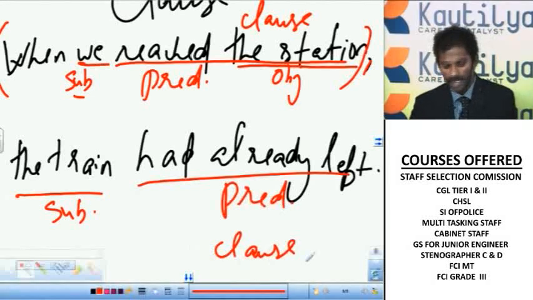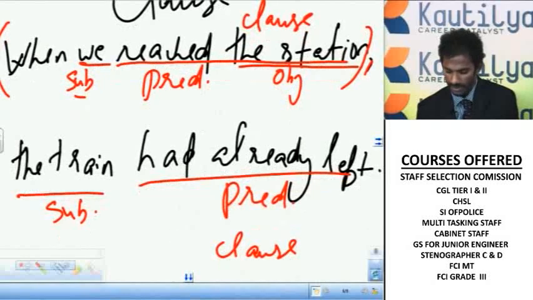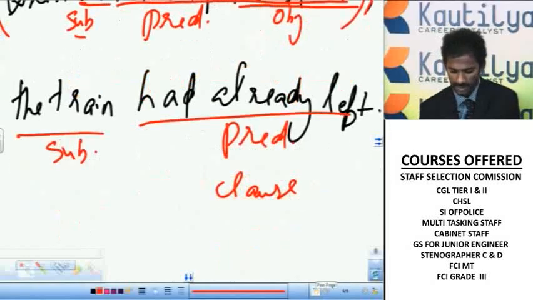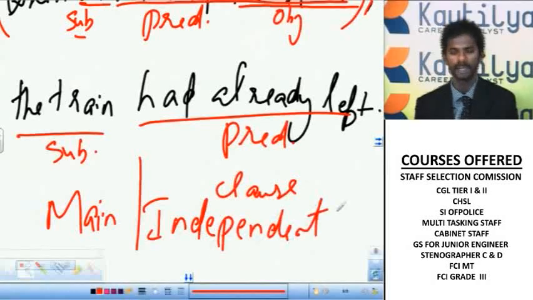Clear? Now I say the train had already left is termed as the main clause or the independent clause. I'll tell you why.